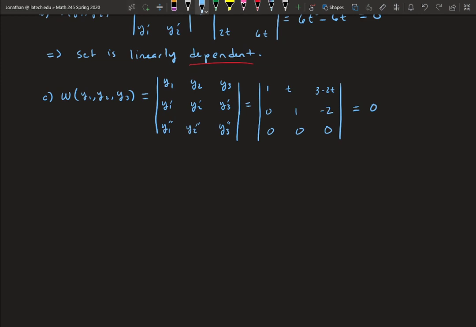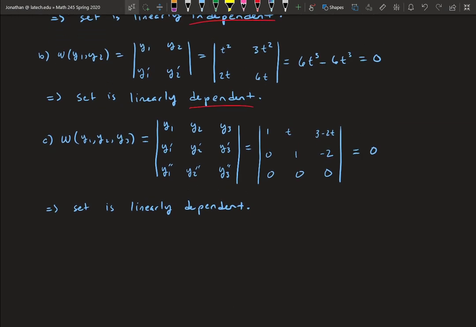So this means the set is linearly dependent. Well, think about this. y3 is actually just 3 times y1 plus negative 2 times y2.